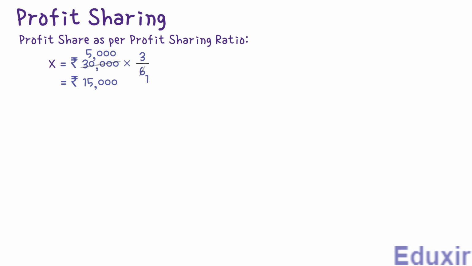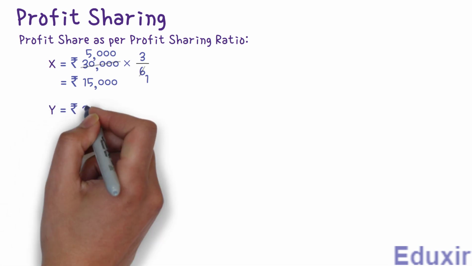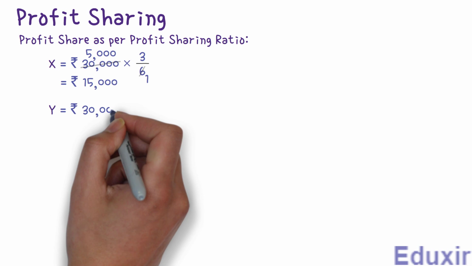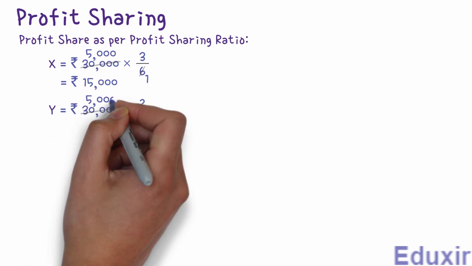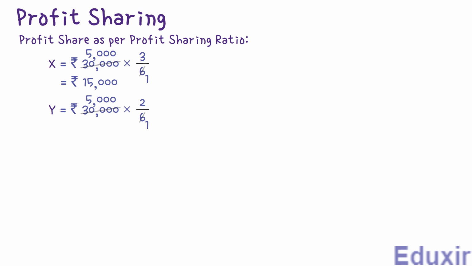Now, the profit share of the partner Y is equal to the total net profit amount of 30,000 rupees multiplied with his profit sharing ratio 2/6. Cancelling with 6, 6 ones are 6, 5,000s are 30,000. Now, if we multiply the remaining 5,000s and 2, we get 10,000 rupees.